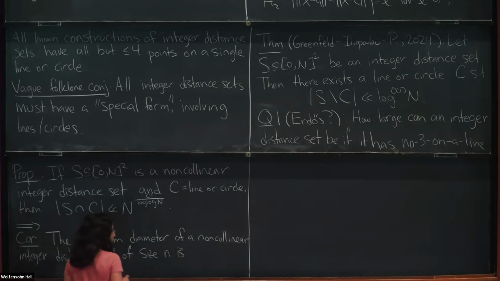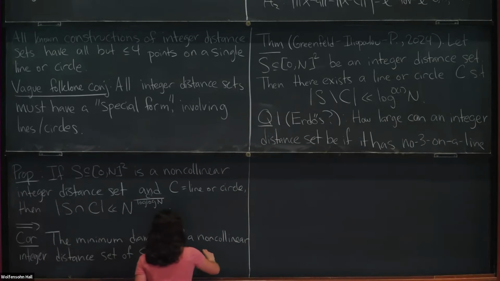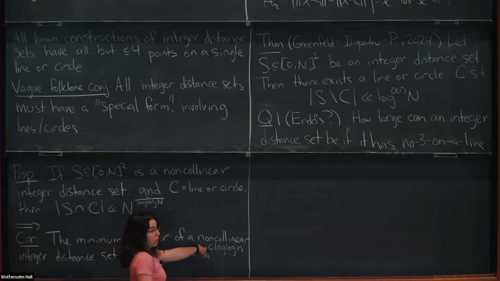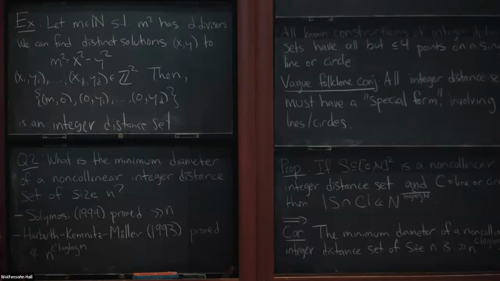So we get a lower bound of some constant times n to some other constant. And we can make all the implied constants in all of our arguments explicit, so we can figure out what this constant c is. You can also easily compute what this constant c prime is, but their c prime is larger than our c. So it's still open to determine the exact asymptotic for this minimum diameter.